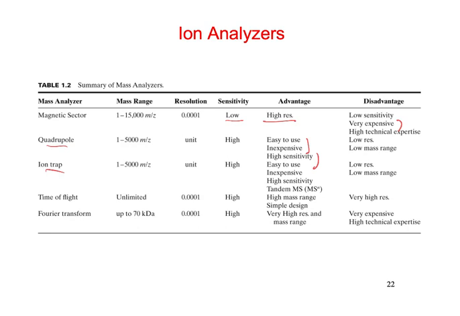The mass ranges here go up to 15,000. The mass range also depends a lot on how we generate the ions, but these are the mass ranges that can actually be analyzed by these mass analyzers. Quadrupole, these aren't that high. Time of flight says unlimited.